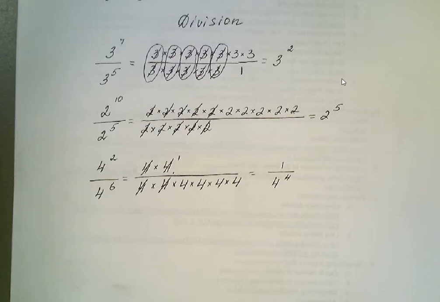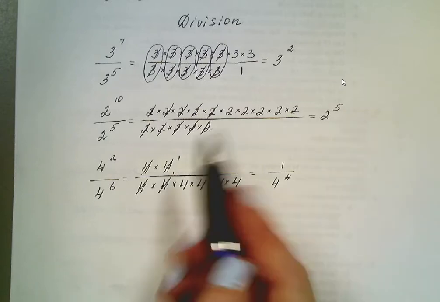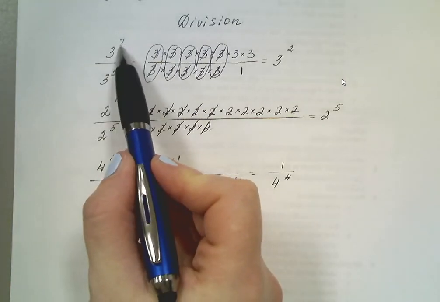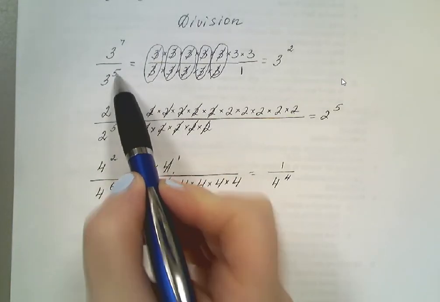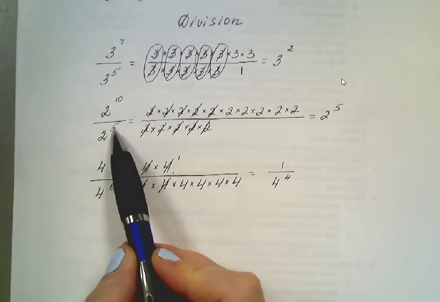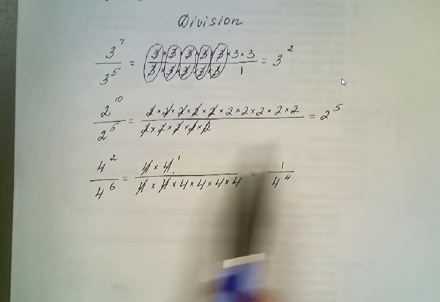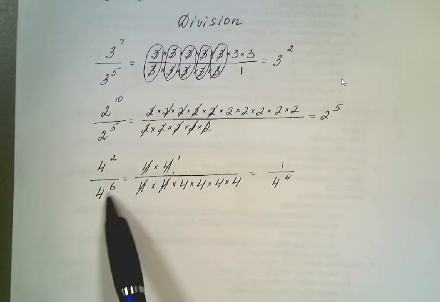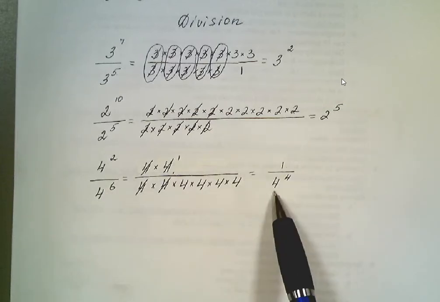Okay, so from here, I can make a rule, right? What do we have here? I have 3 to the 7th divided by 3 to the 5th is 3 to the 2nd. 2 to the 10th divided by 2 to the 5th is 2 to the 5th. 4 to the 2nd divided by 4 to the 6th is 1 over 4 to the 4th.